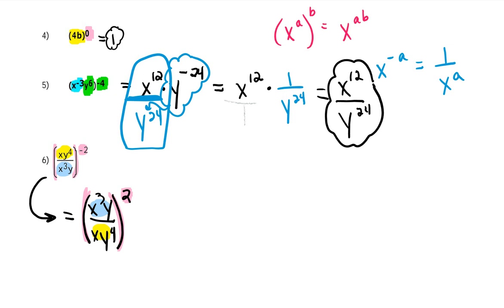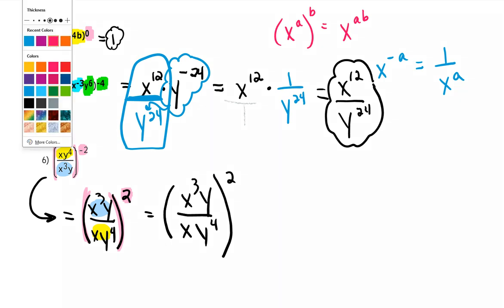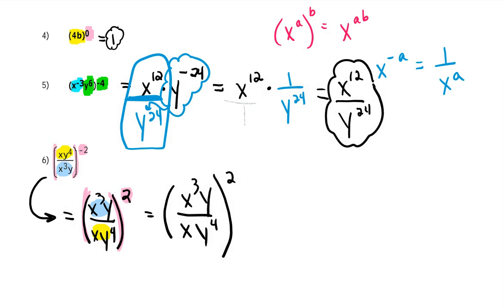All right, now I'm going to rewrite this without all the color so I can do the next part with other colors. Okay, now I'm going to use the exponent rule that says if you have x to the a and you divide it by x to the b, that's going to be x to the a minus b.